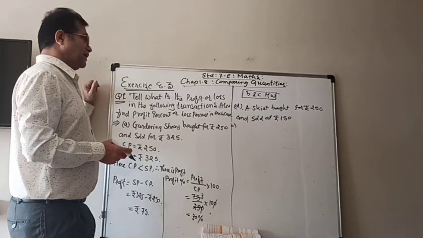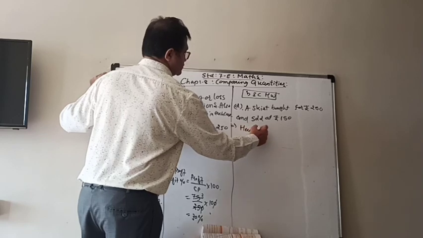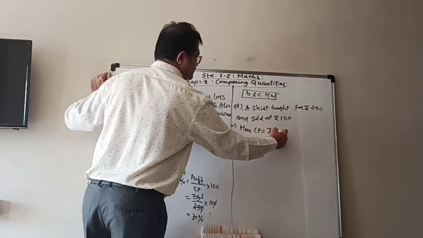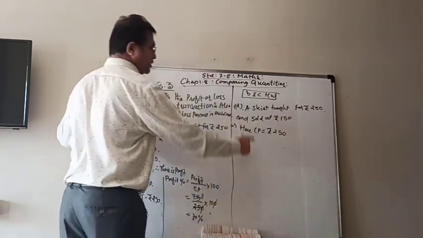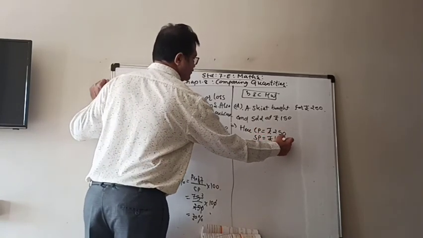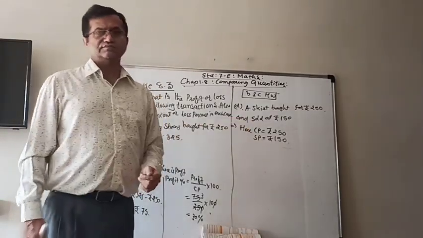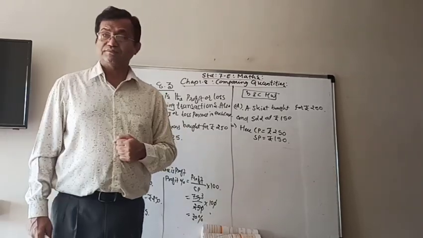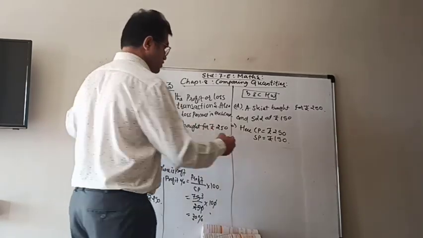So now let us write down what is CP and SP. Here we bought for rupees 250, and sold, it means SP, selling price, is rupees 150. Now you can observe that here CP is greater than SP. So when CP is greater than SP, there is loss.